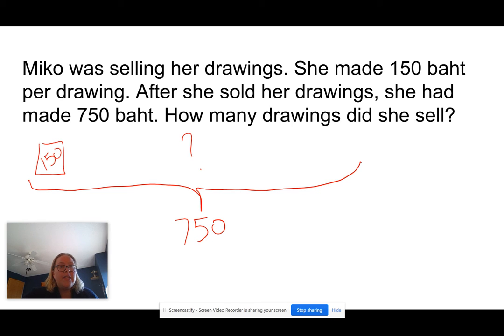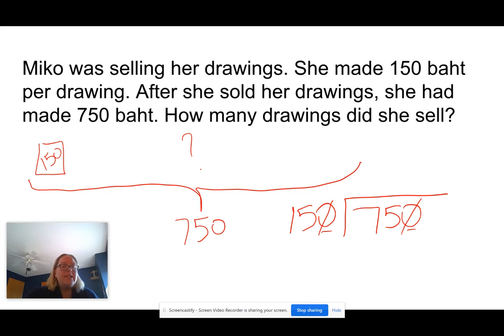So what do I need to do? You're right, I need to divide. I can divide 750 by 150. Once again, notice there's a 0 on each side, so I can just take that 0 out.